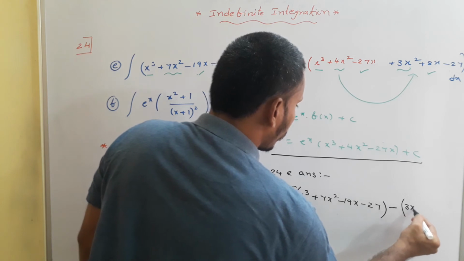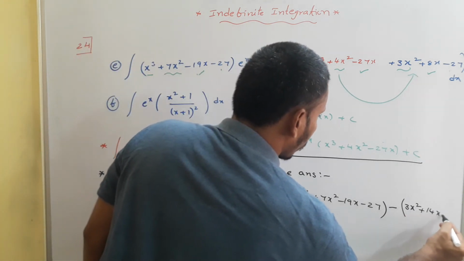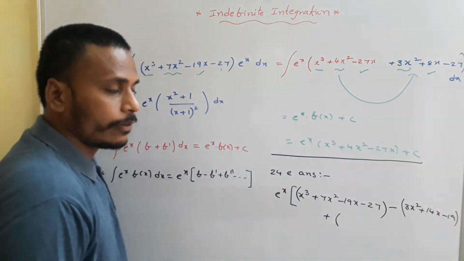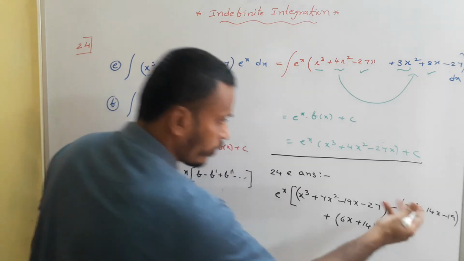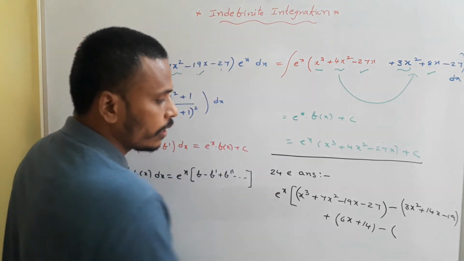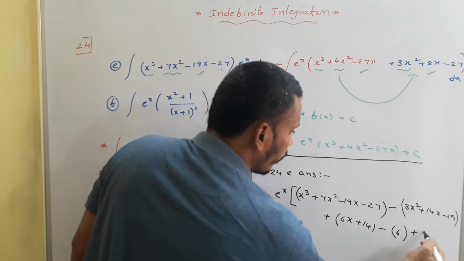Its derivative is 3x square plus 14x minus 19, plus again its derivative. What does it become? 6x plus 14, because for 19 it is 0, right? 6x plus 14 minus again its derivative. 6x is related to 6, 14 is 0, plus again its derivative which is 0.